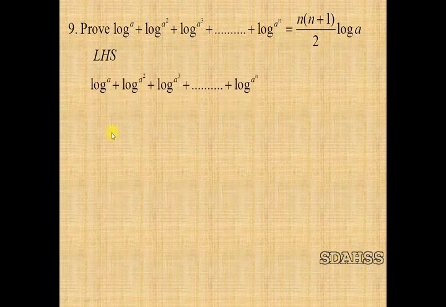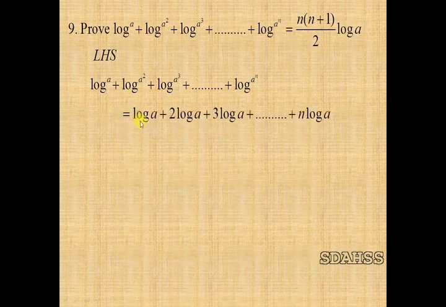The LHS is log a plus log a square plus log a cube plus etc. plus log a power n, which is equal to, keep the first term as it is, log a plus, bring this power in front of logarithm, so it becomes 2 log a plus, here also bring the power in front of logarithm, so it becomes 3 log a plus etc. Similarly here also bring the power in front of logarithm, so it becomes n log a.